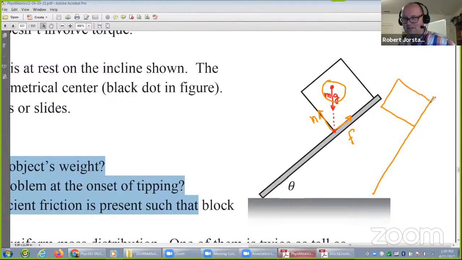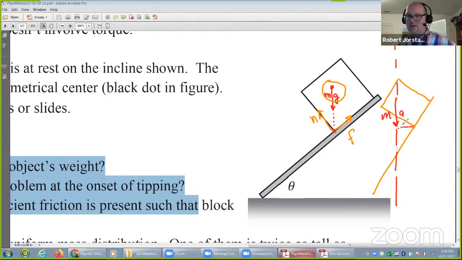sorry, it's not perfectly the same size. But now in this case, if we draw the same mg force, notice the line of action has a lever arm and you get a torque from mg in this case.